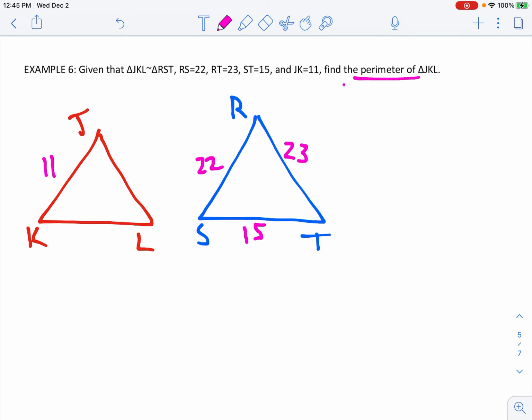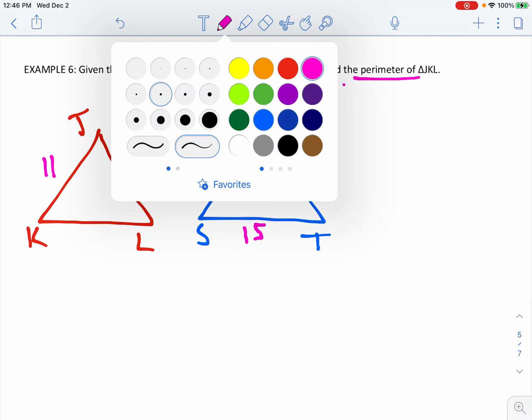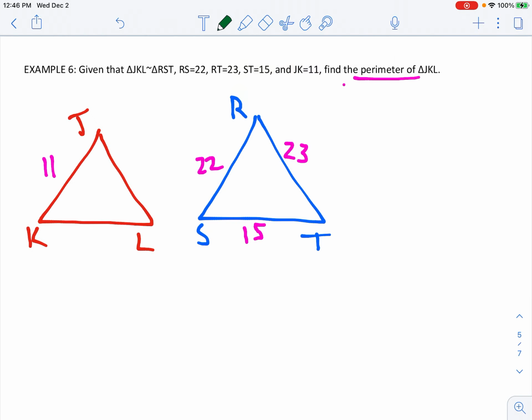Question says find the perimeter. So I want to match a side from the first triangle with a side from the second triangle, and then I want to match a perimeter over a perimeter. So if I look at this, I notice 11, JK, is similar to RS. So those two go in a fraction. I went left to right.